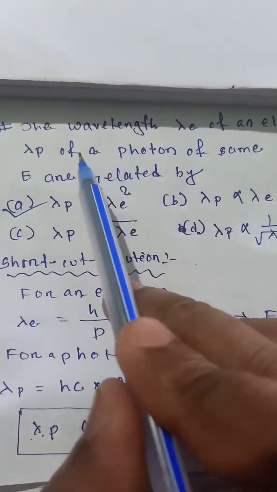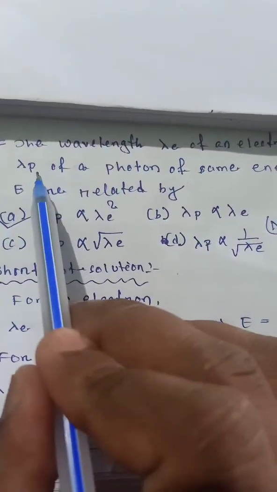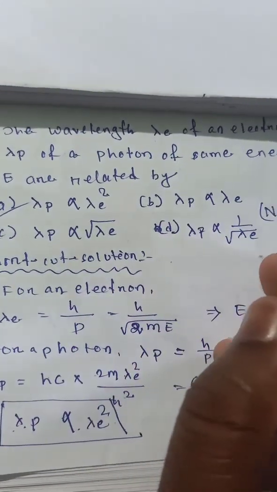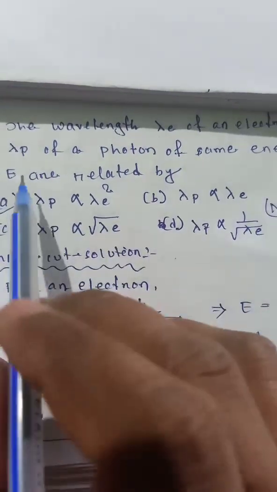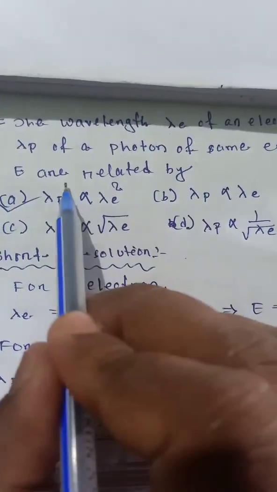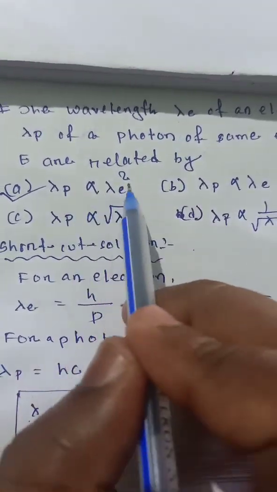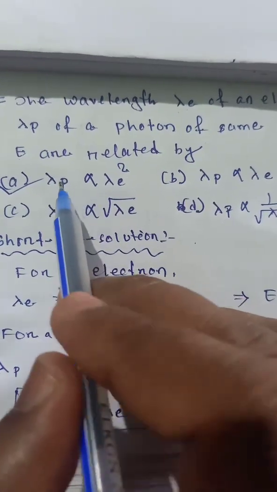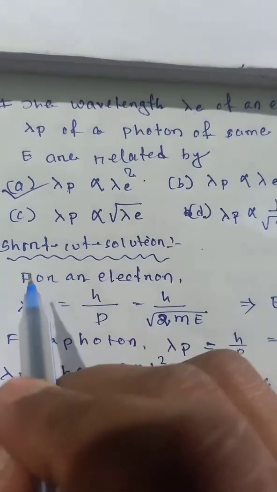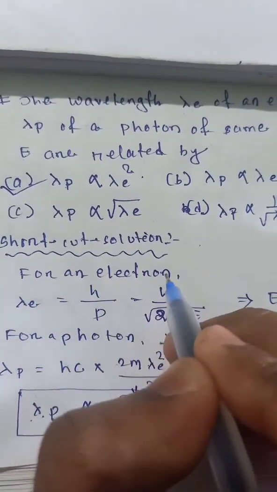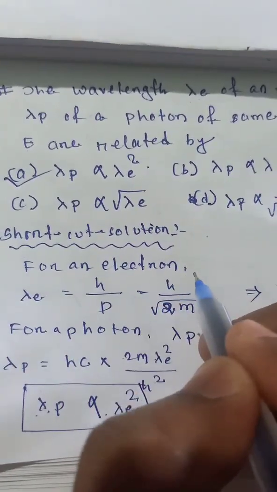So your question is: the wavelength lambda_e of an electron and lambda_p of a photon of the same energy E, where E remains constant. We have to calculate the relation between the wavelength of the photon and the wavelength of an electron. First we calculate for the electron, then for the photon.